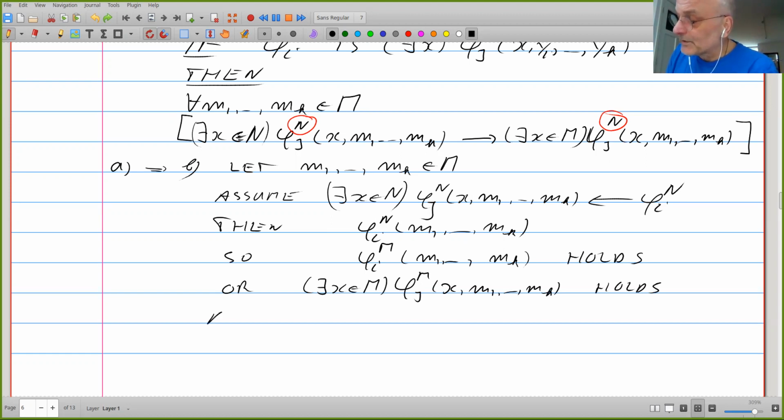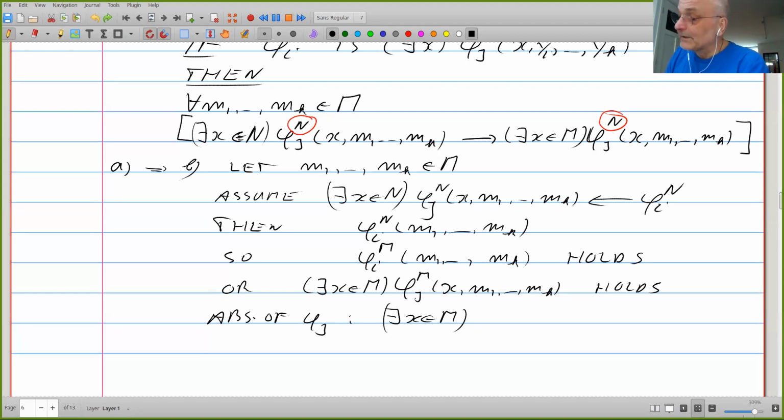But absoluteness, the formula phi j is absolute as well.